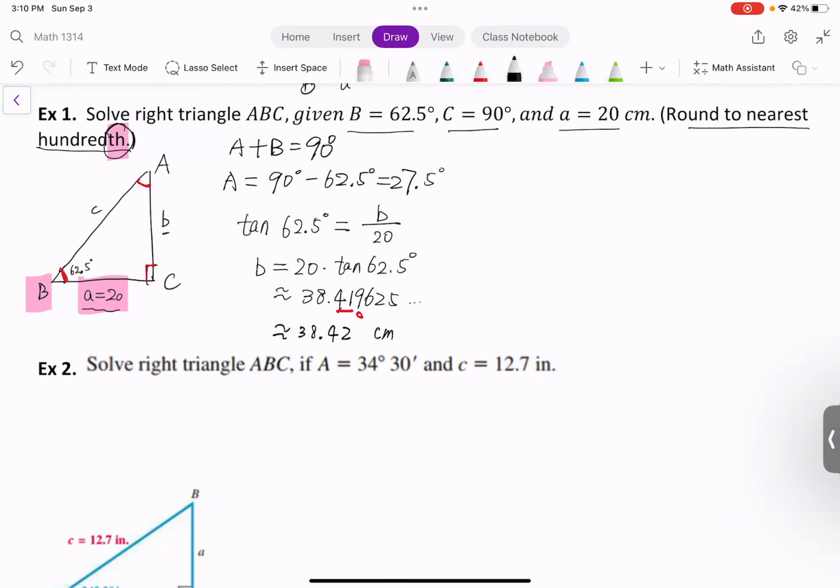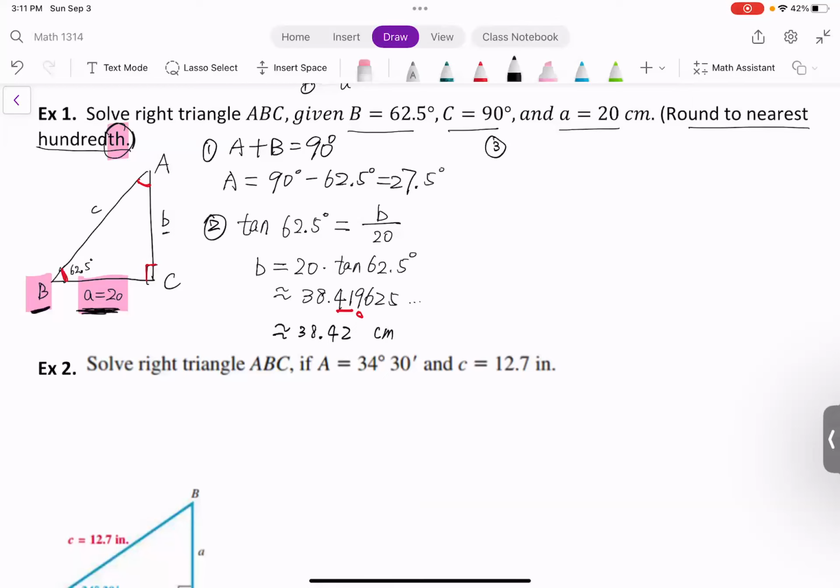How about c? Can you find c by the given information? I know that given information is angle B and the adjacent side a is 20. Here I found the angle A. Second, I found b.